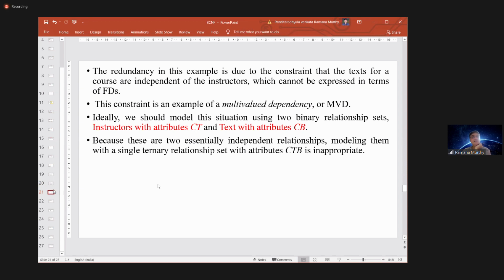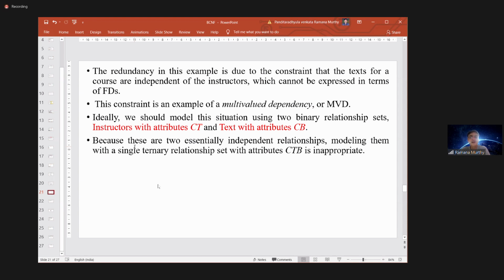The redundancy in this table is due to the constraint that the textbooks for the course are independent of the instructors, which cannot be expressed in terms of functional dependencies. Some dependencies we can't express as functional dependencies. We have multiple values independent of each other. In such a case, we call it a multi-valued dependency.